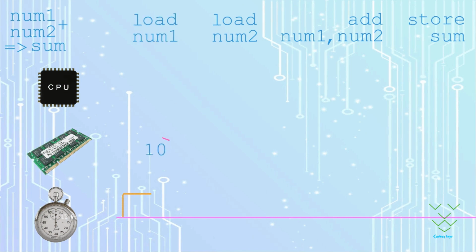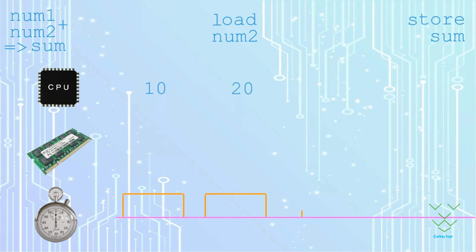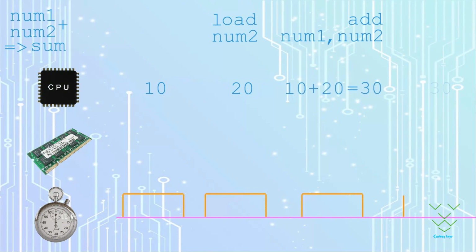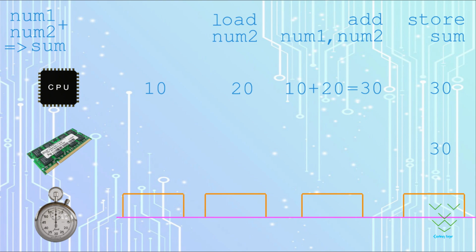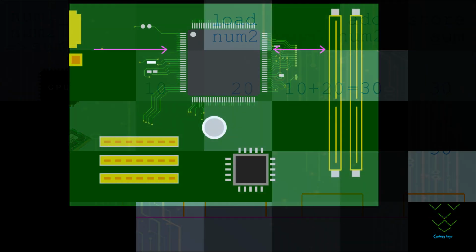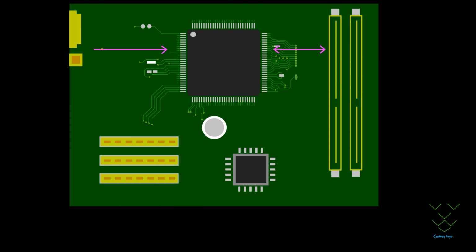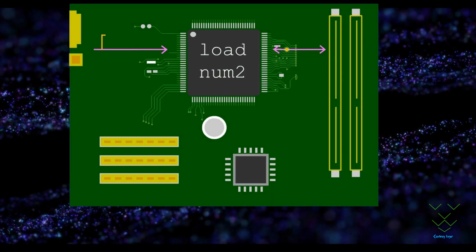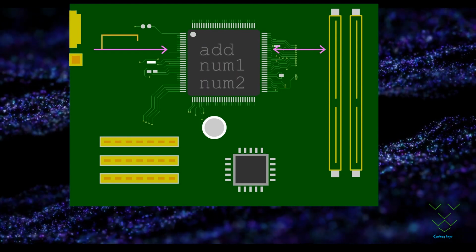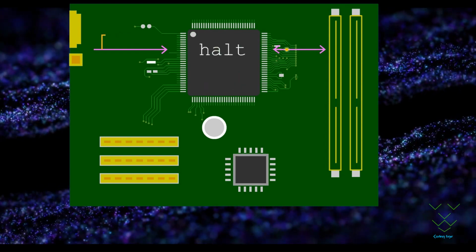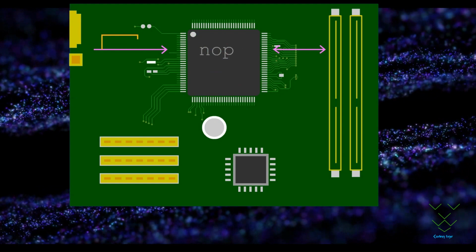The processor takes the first number on the first wave of the aforementioned signal, takes the next number on the second wave, adds them together on the third signal, and saves the sum to the memory on the fourth signal. In this way, if the operations are controlled with a signal, there will be no synchronization issues that we mentioned earlier. The frequency of this signal we used here is what we say in gigahertz.